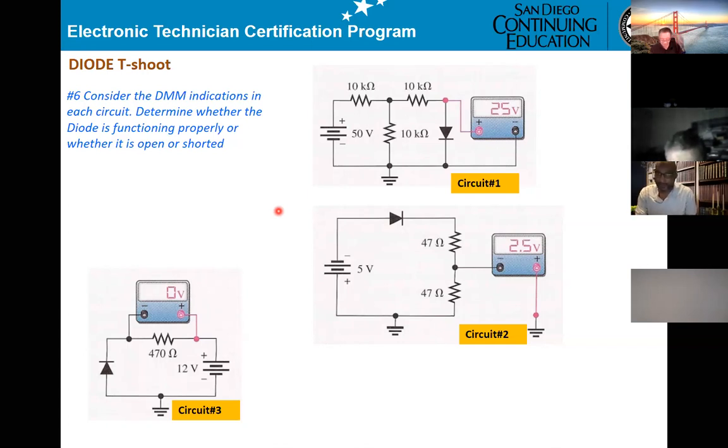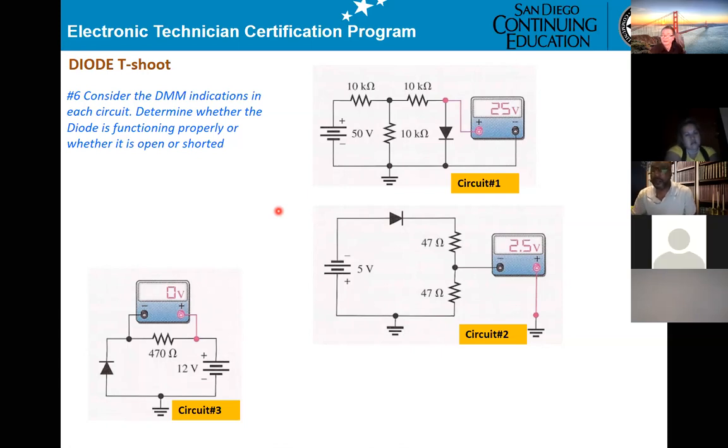I think it's shorted because it shouldn't be getting 25 volts at that point. Yeah, I agree, they measure 25 volts. It's shorted. It's open, because if it's shorted, then the positive lead where it touched the circuit should be 0 there.